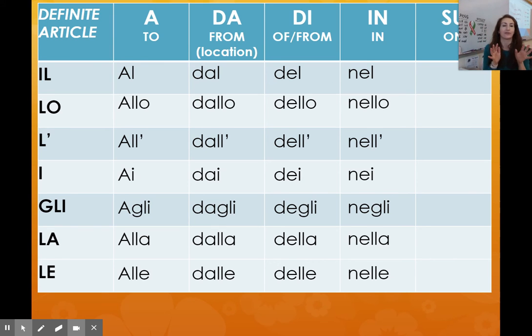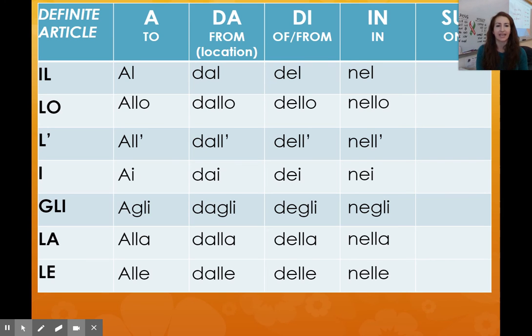So let's take una pausa, a pause for right now. If I wanted to say, the matita is in lo zaino, I would say in, okay, and lo combine nello, all right?